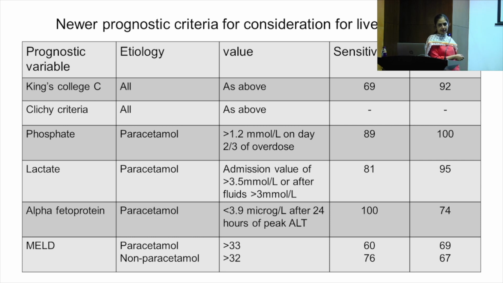If you want to look at other non-paracetamol causes, I think these two still hold good. But if you see, the sensitivity for your King's College is quite low. Specificity is good, but sensitivity is poor. And for BRiCC criteria, it's not available. So you may need to put in all these factors to decide whether these patients need liver transplant or not.